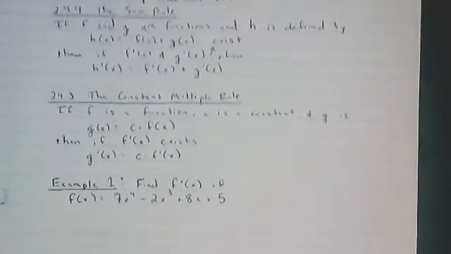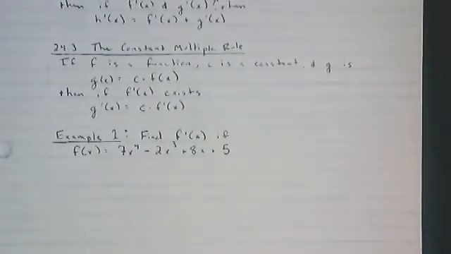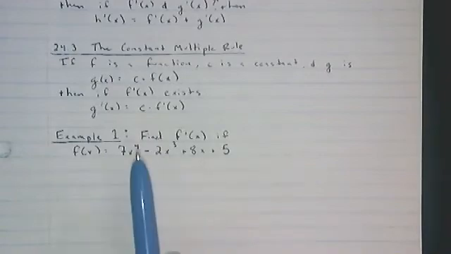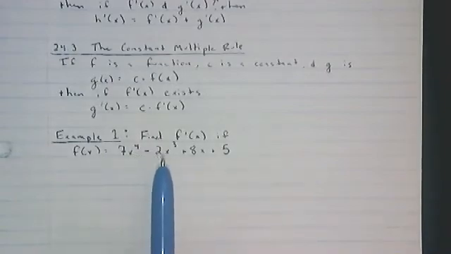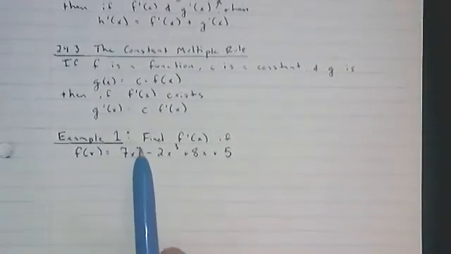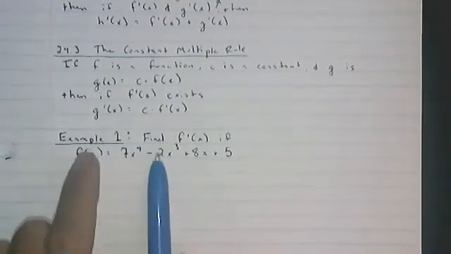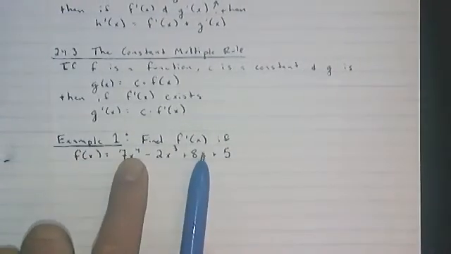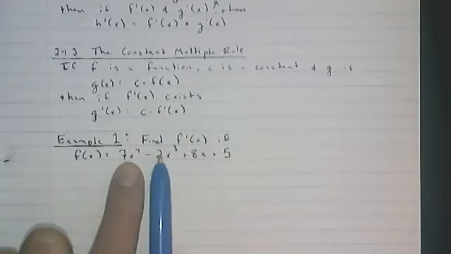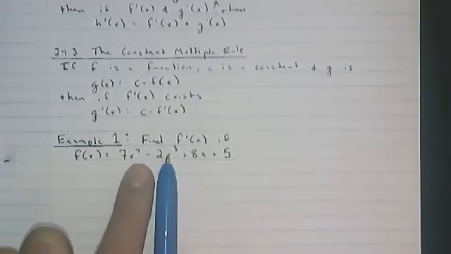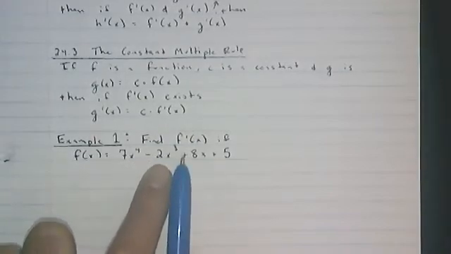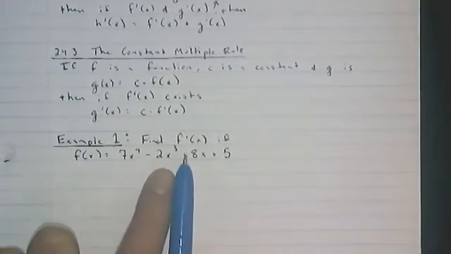So back to the mental exercise of picturing the sheer brutality of having to put this into the definition of the derivative and compute that limit. You would have to expand a 4th power binomial because you would plug in x plus delta x, and you have to expand 7 times x plus delta x to the 4th, and then expand x plus delta x to the 3rd.